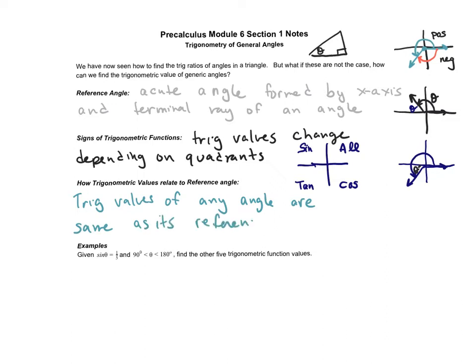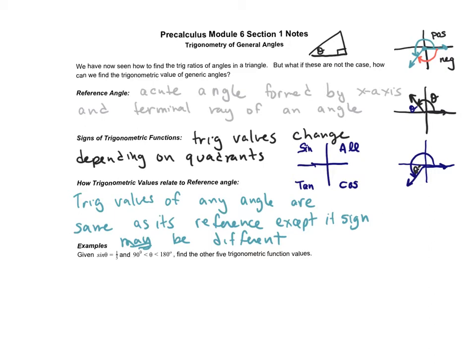The only thing that could be different is its sign. And the key word here is may be different. It could be the same. Typically for a reference angle, the trig function values are positive, but your angle could have a negative value depending on what quadrant it's in. But really, all this boils down to the fact that if you can see your reference angle, it can help you find the trig value of any angle.